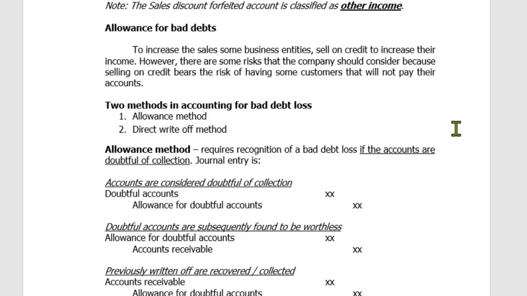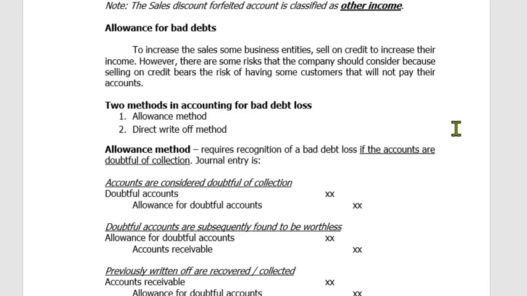When accounts are considered doubtful of collection, you set up doubtful accounts. Itong doubtful accounts, ito ay expense account. Ibig sabihin, for conservatism, sineset up mo na kaagad na there is a possibility na hindi makolekta yung particular percentage of accounts receivable. Kaya nagsiset up ka ng expense, doubtful accounts, and then credit, allowance for doubtful accounts.